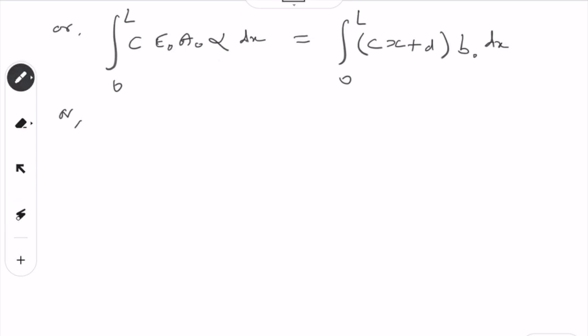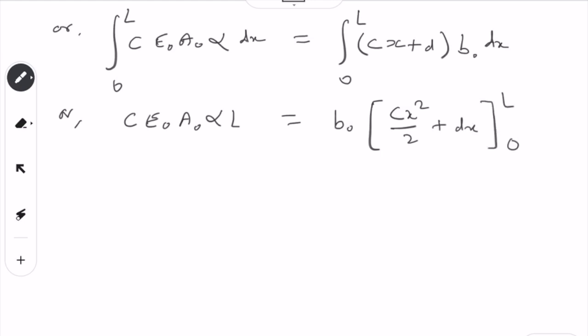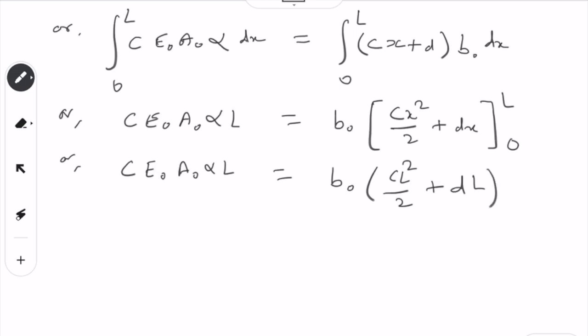So simply we get C E naught A naught alpha L is equal to B naught, which is constant and goes outside, times Cx squared over 2 plus Dx, evaluated from 0 to L. After integrating, what you get is C E naught A naught alpha L equal to B naught times (C L squared over 2 plus D L).